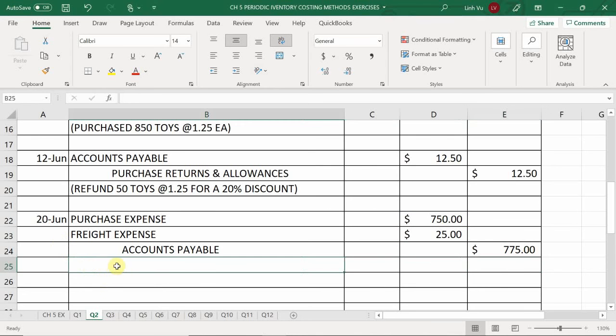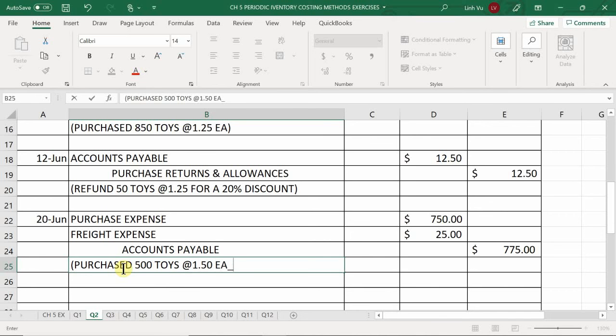Okay. I'm going to make my note here that I purchased 500 toys at $1.50 each.